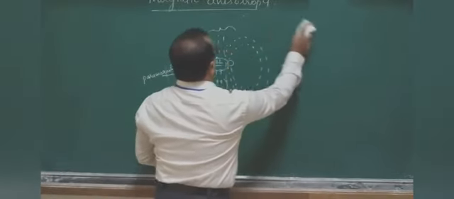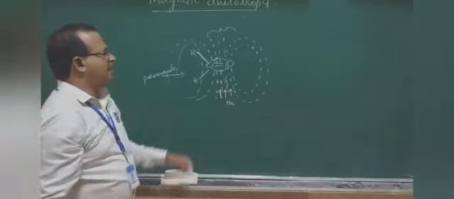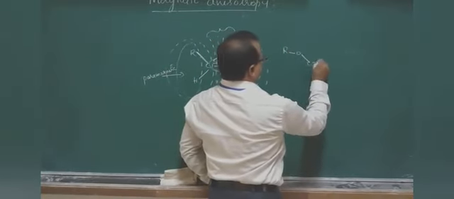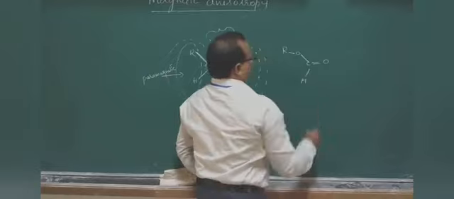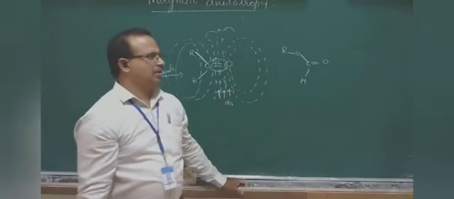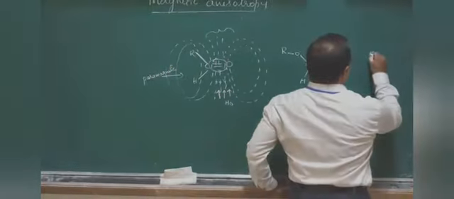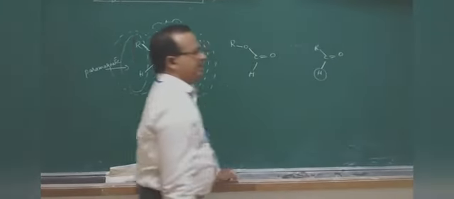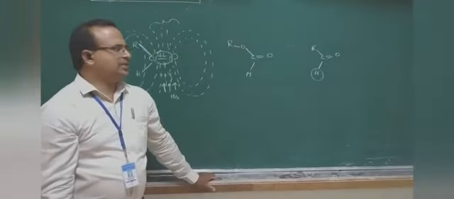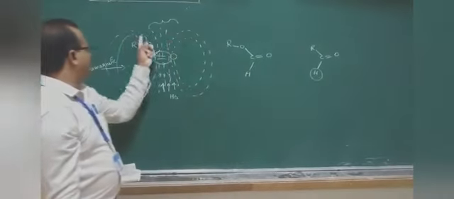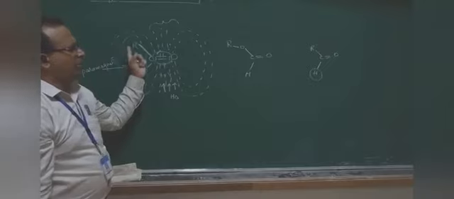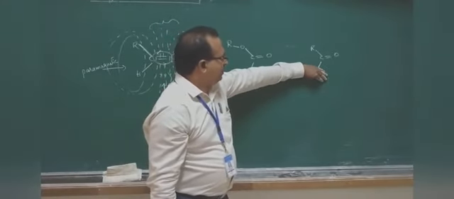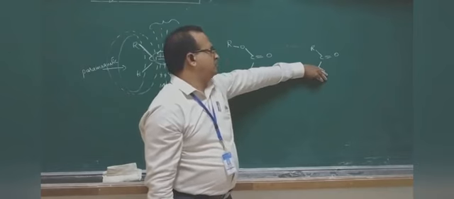Next we will consider, for example, formyl esters and aldehydes, RC double bond OH. These protons appear in the de-shielding paramagnetic region of the molecule, so therefore they will have higher chemical shift values.